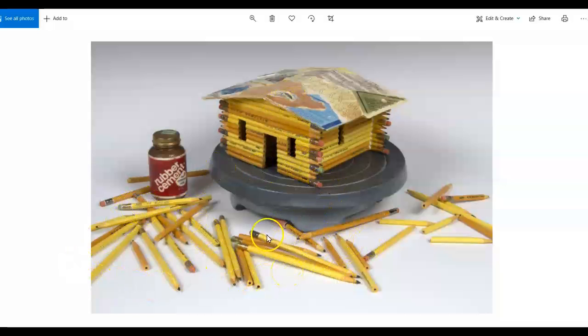The proportion, well, the pencils are very proportional, so making a little log cabin out of pencils, the proportion is correct there. And that's why it's believable as a trompe-l'oeil piece of art.